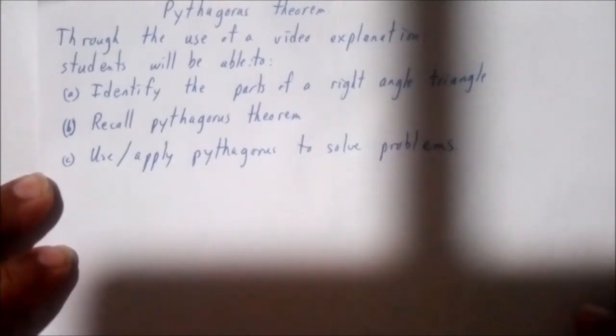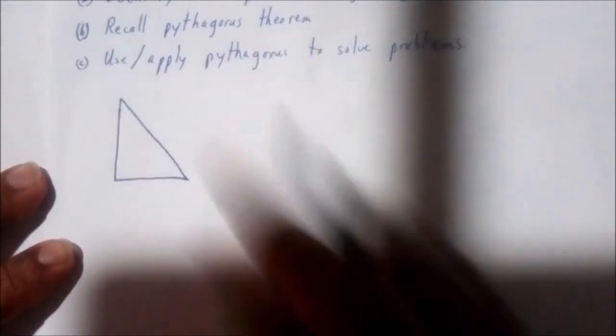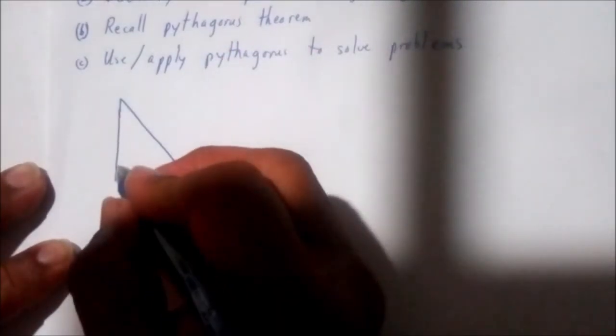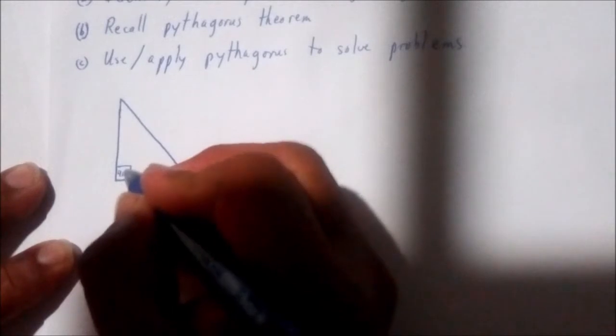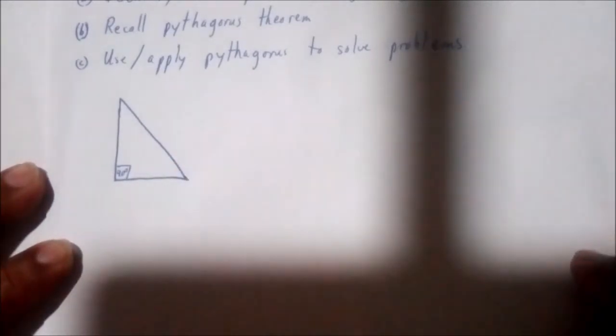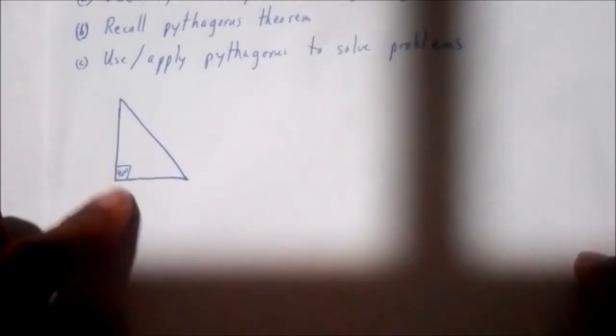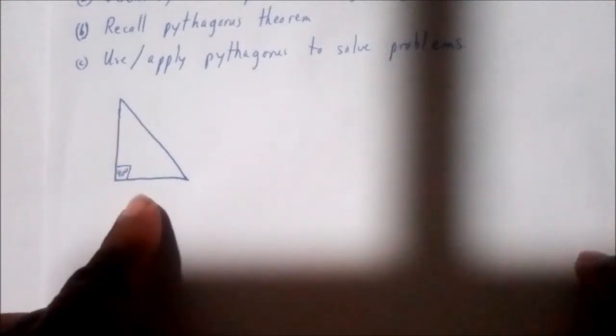So let's start. First of all, identify the parts of a right angle triangle. Consider the triangle here, a right angle triangle, which means that this is 90 degrees. There are three sides to this triangle.